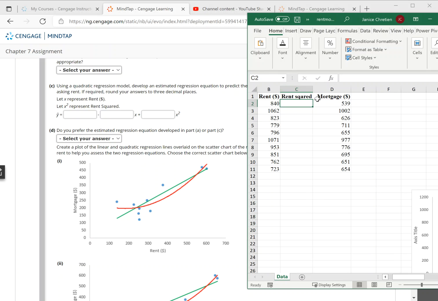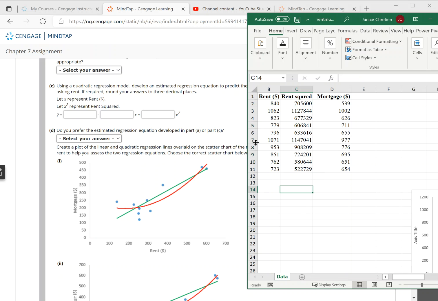So to get rent squared, I'm going to say equals the rent squared, which is shift 6. Do it one more time to show you, and then I can drag this down. Yeah, just making sure it gave me the right number. Sorry. Okay. So that's my rent squared.